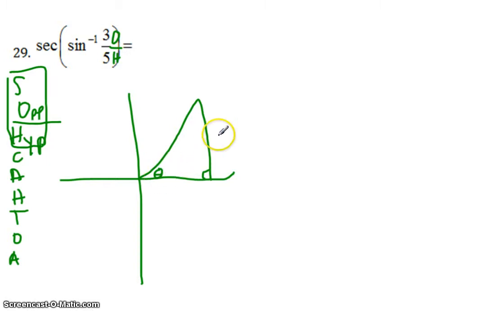So my opposite is going to be 3, and my hypotenuse is going to be 5. Now I have to do the Pythagorean theorem to find out what this side is. Again, this is where you guys make mistakes. Across from my right angle is my C. So I'm going to have 3 squared plus B squared, not 5 squared.